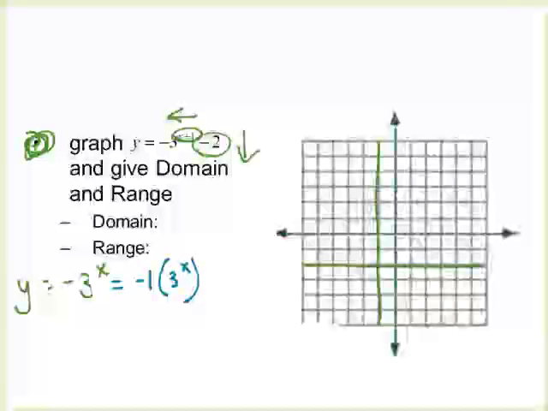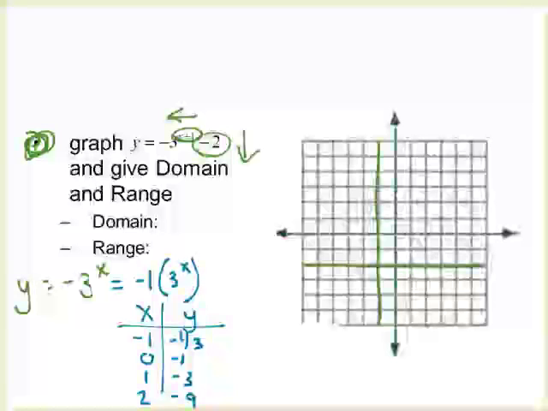So when we make our chart then, I'll have -1 times the reciprocal, so that's -1/3. The 0 will give me that front number, which is -1. Plugging in 1 gives me -3, and plugging in 2 gives me -9. When I plot these points, I plot them from the shifted lines, not from the original origin.